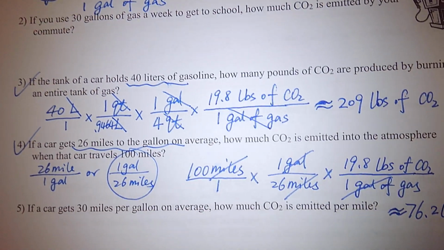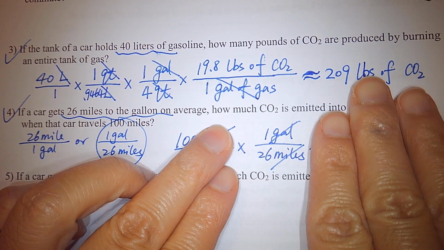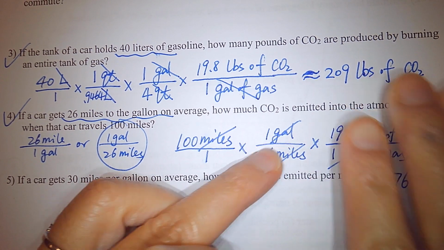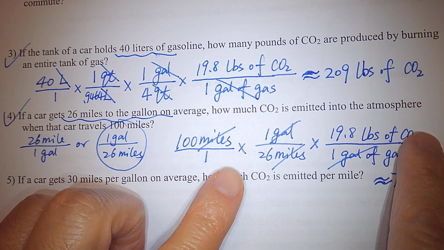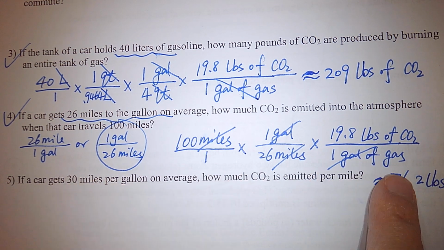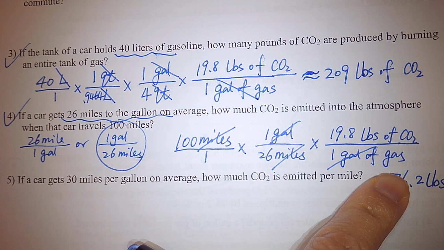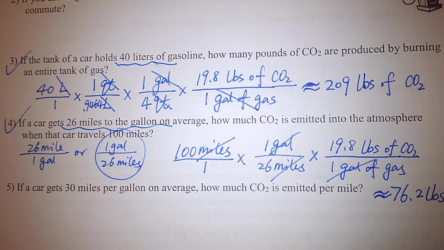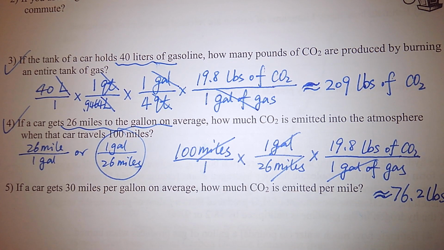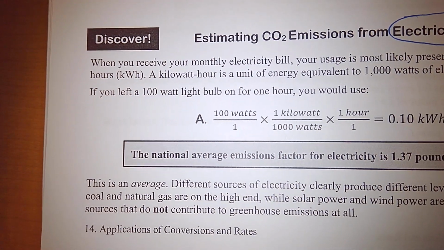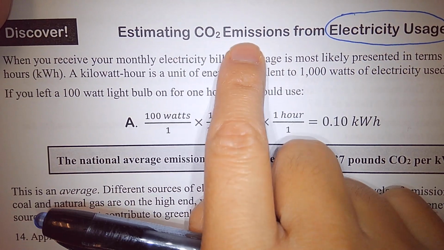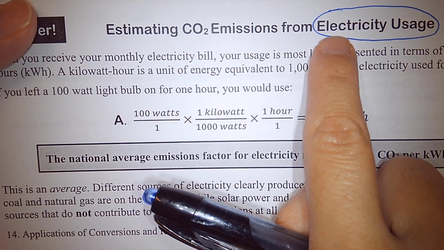In question 4, we compute what? How many gallons of the gas. And then the final step is what? Multiply by 19.8 pounds of CO2 per 1 gallon of gas. You guys see that? All right, so burning gasoline, this type of CO2 emission, you need to master, okay? Now let's move on to look at the second type, or second branch, of the CO2 emission.